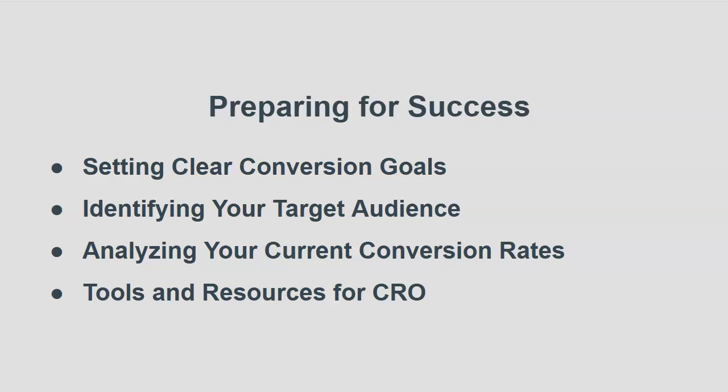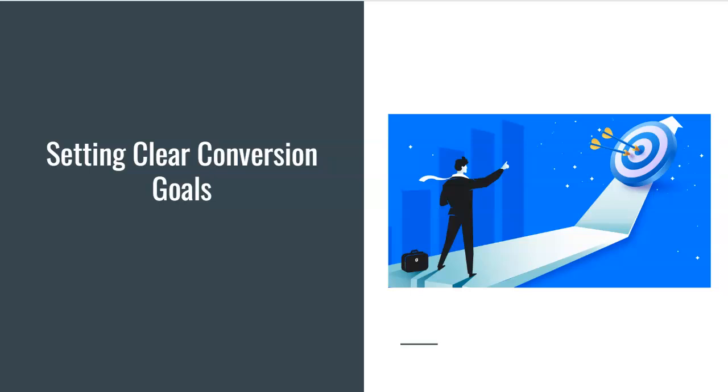Alright, let's immediately get started with setting up your clear conversion goals. Before you can optimize your conversion rates, it is essential to set clear, actionable goals. These goals will guide your CRO efforts and help you measure success. Here's how to establish effective conversion goals. The first thing is you need to define your objectives.